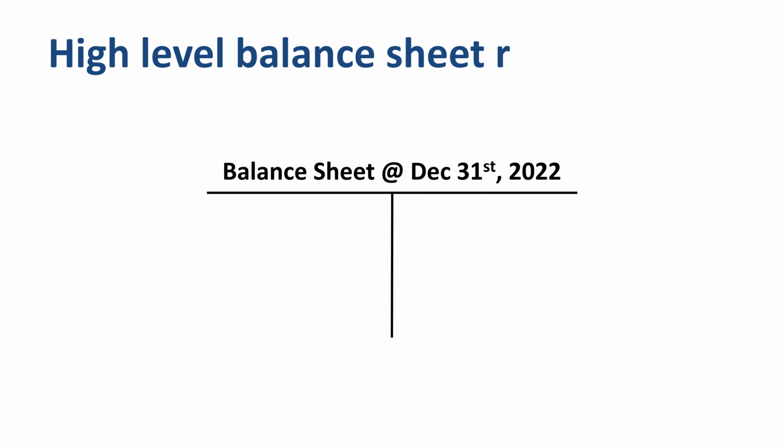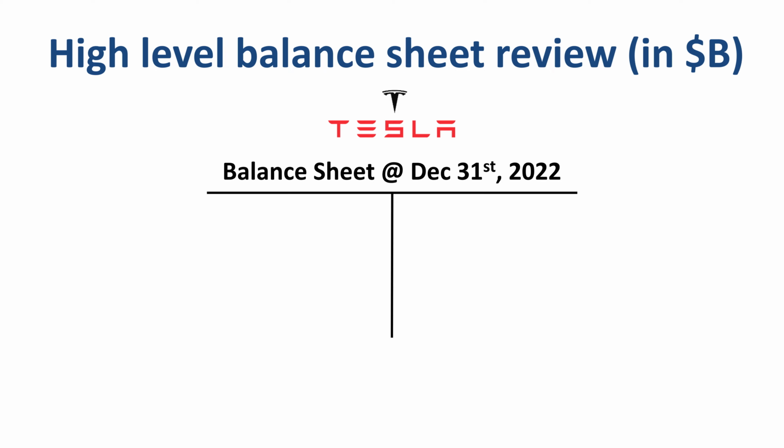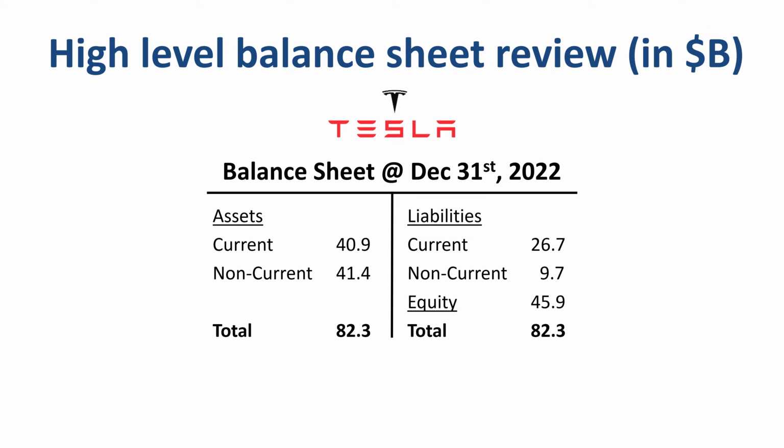The balance sheet is an overview of what a company owns and what a company owes at a point in time. What is owned, assets, is on the left. What is owed, liabilities and equity, is on the right. When reading a balance sheet, start off at the highest level by category. Current assets and non-current assets on the left. Current liabilities, non-current liabilities and equity on the right.